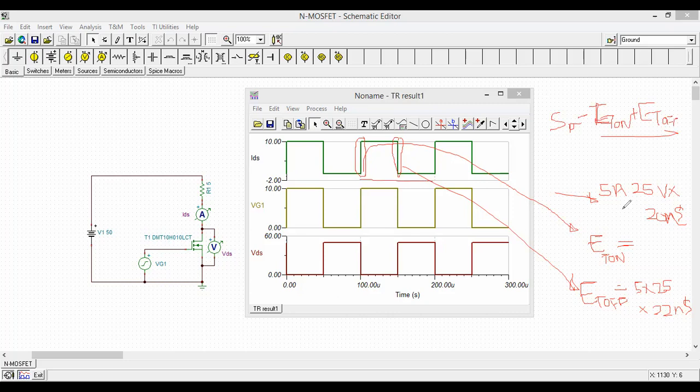This is for this total time duration, that is 1 upon the frequency. According to this VG1, this time period was around 100 microseconds, as I remember. So that will give you the dynamic losses.